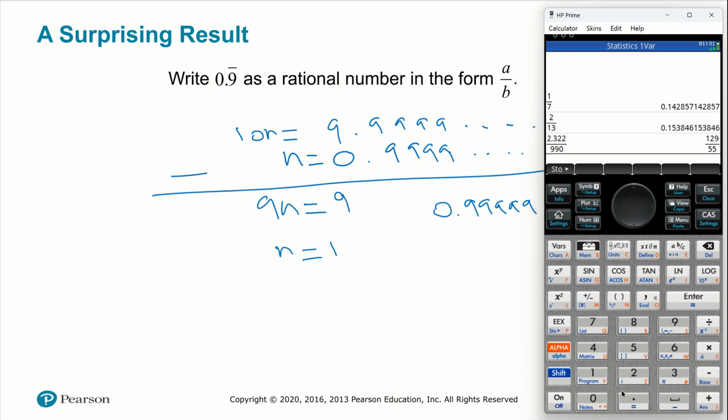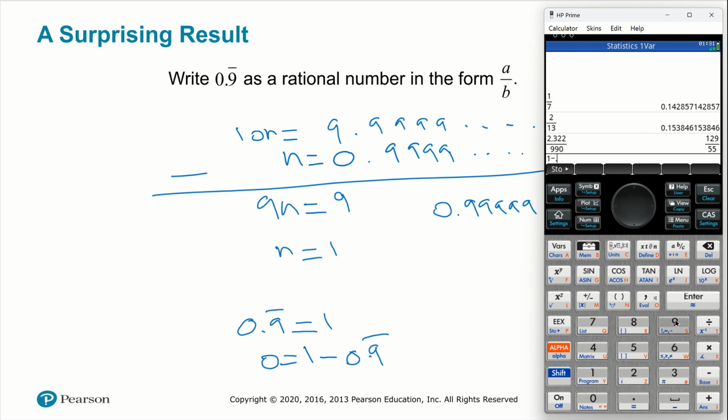9 forever. But if we're saying that 0.9 bar equals 1, then if I subtract 0.9 bar from both sides, I end up with 0 equals 1 minus 0.9 bar, right? So watch, if I just type 1 minus point.